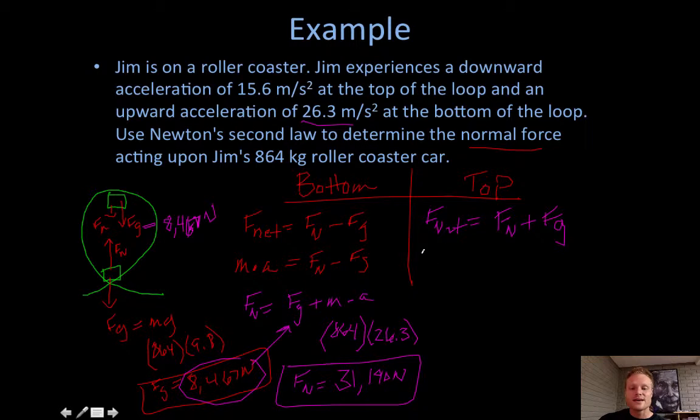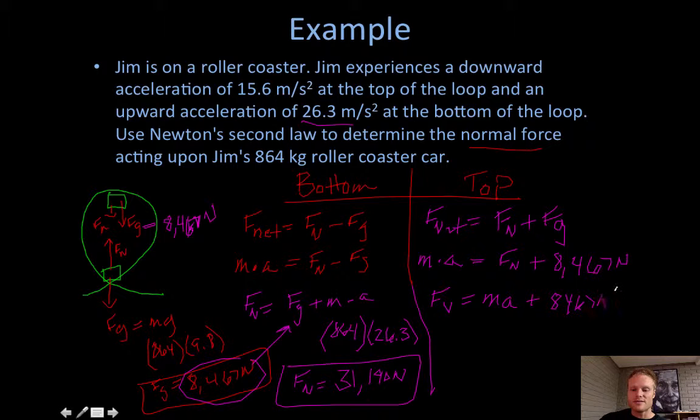Now, F net is m times a, which equals F sub n plus the force of gravity, which we now know is 8,467 newtons. So I'm just going to manipulate this equation to get F sub n equals ma minus 8,467 newtons.